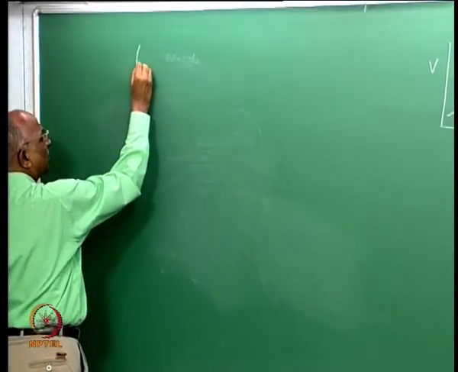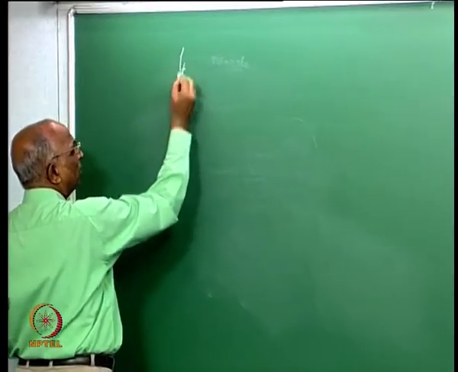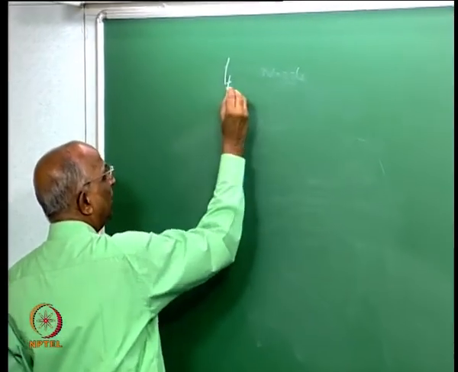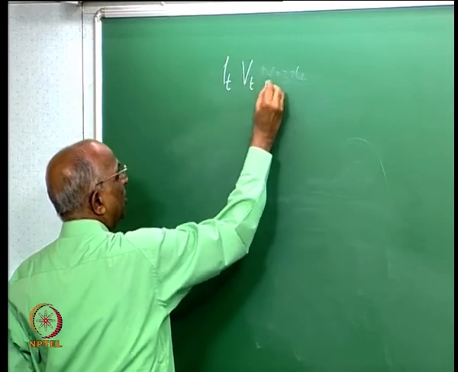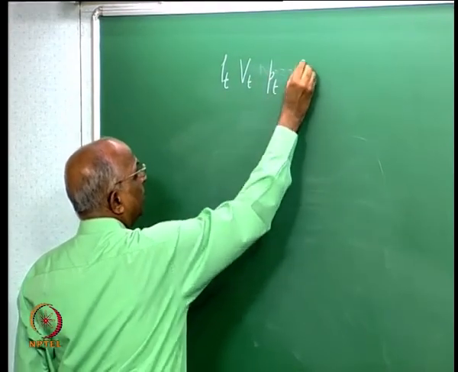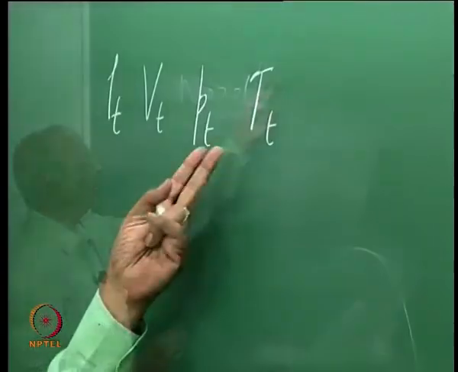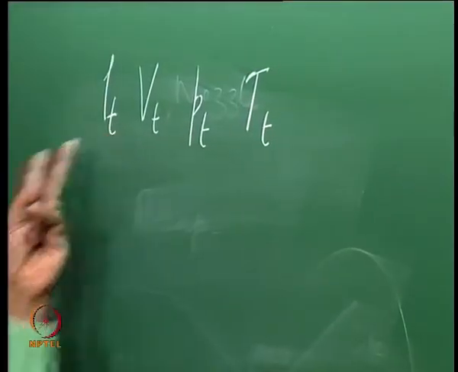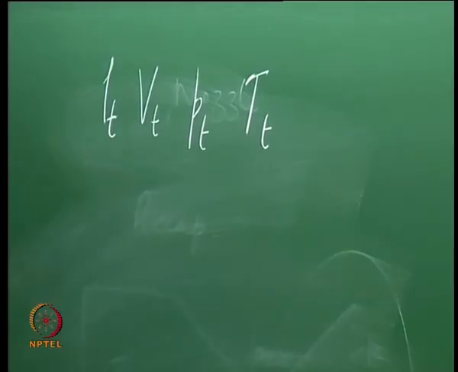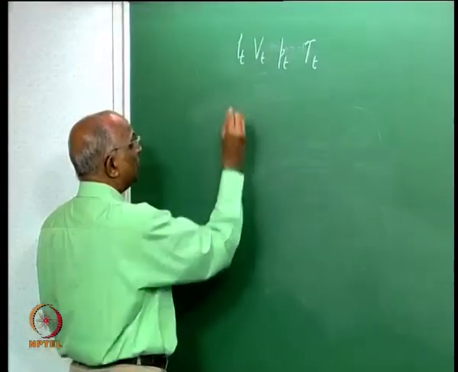We say the throat is defined by density at the throat rho t, Vt, pressure at the throat is Pt, temperature at the throat is Tt. That means subscript T denotes the throat condition. And how did we define the chamber conditions?